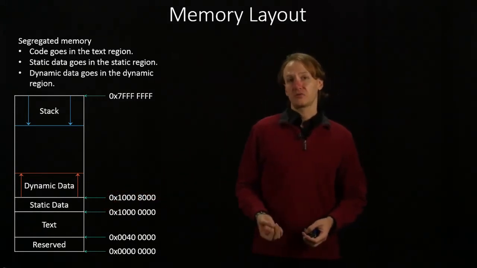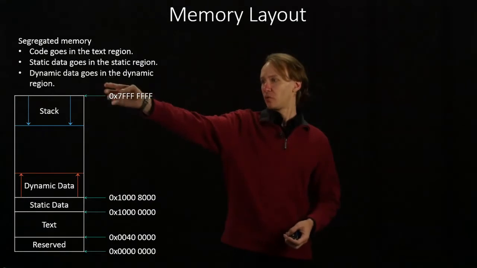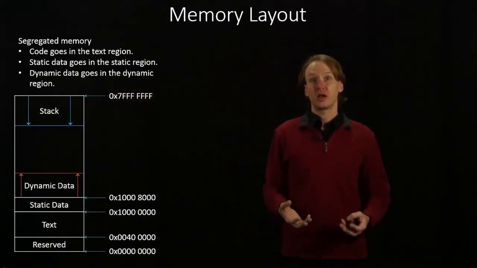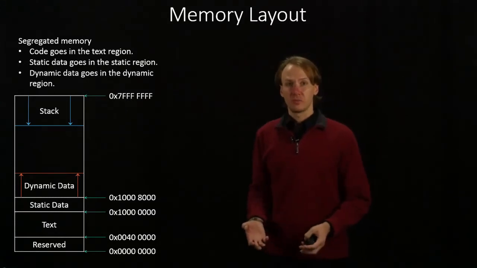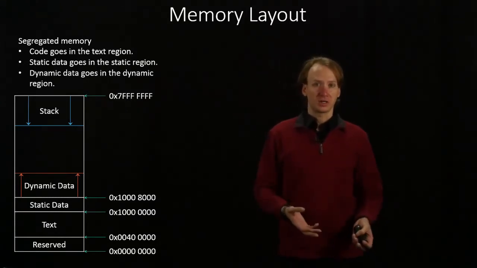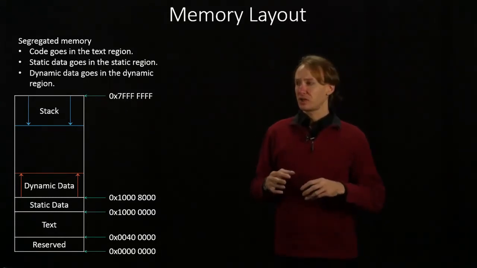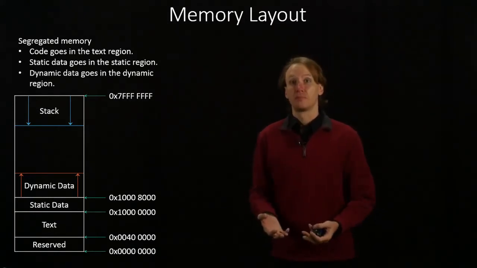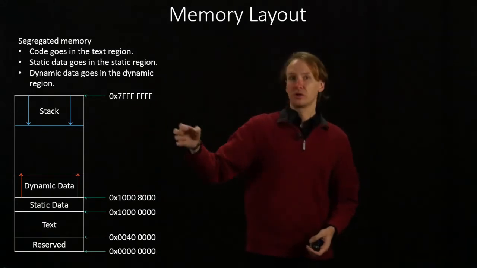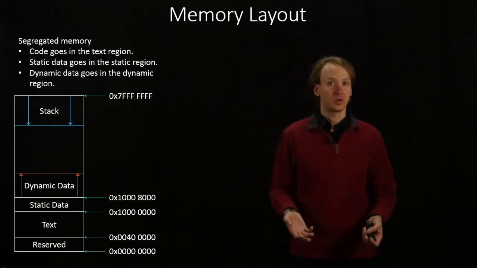The dynamic data region is for everything that you generate at runtime. So this will be all of your local variables, all of your objects, everything that you don't know what that data is until you actually run the program. All of that will end up somewhere here in the dynamic data region.